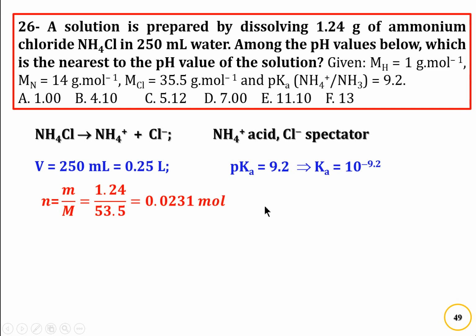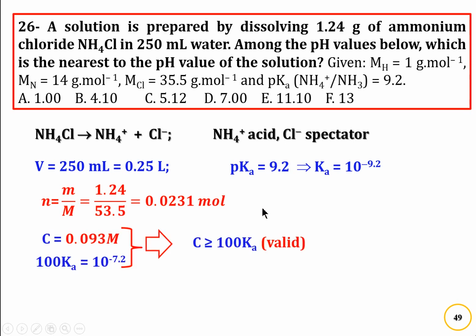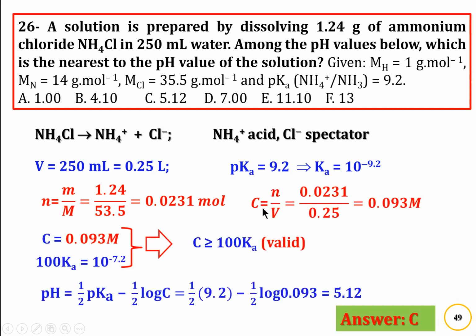And the concentration of NH4 plus equals the number of moles of NH4 plus, which is the initial number of moles of NH4Cl, so 0.0231, divided by the volume of the solution, which is equal to 0.25. So the concentration of NH4 plus is 0.093 molar.